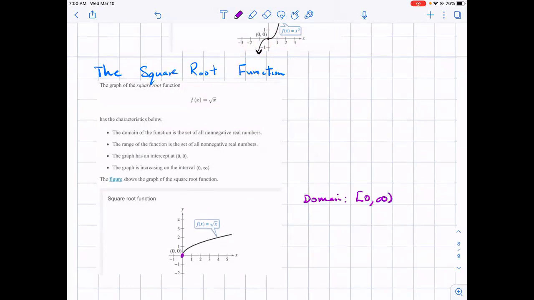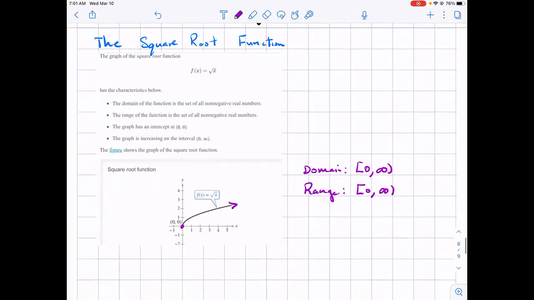It starts from here and travels along all the way. Remember, it does not end, and that's why it goes to infinity. The range would also be 0 to infinity. There is an x-intercept at the origin, and the graph is increasing.